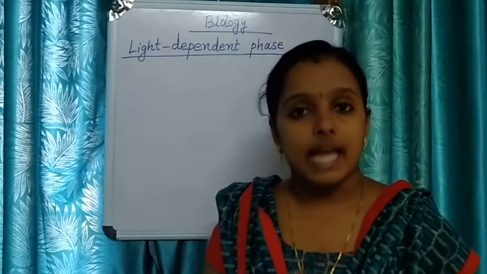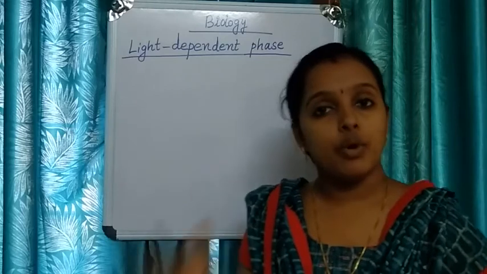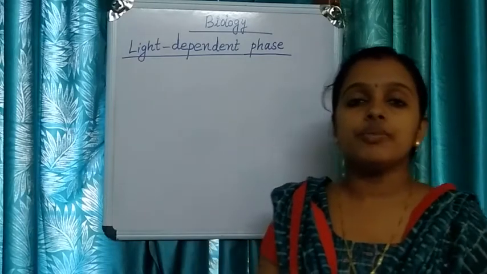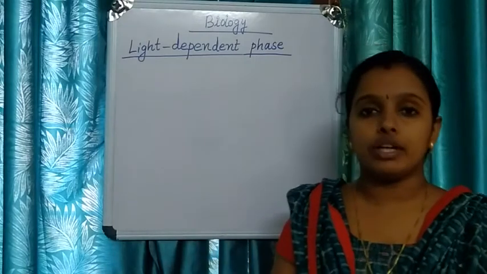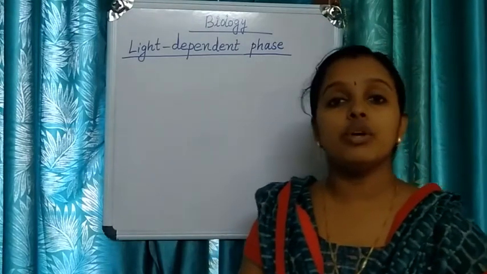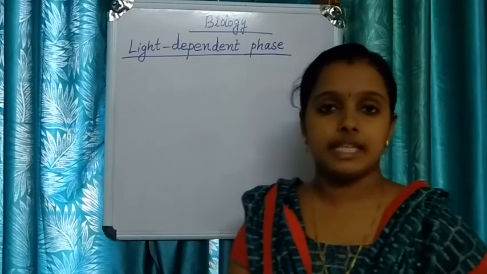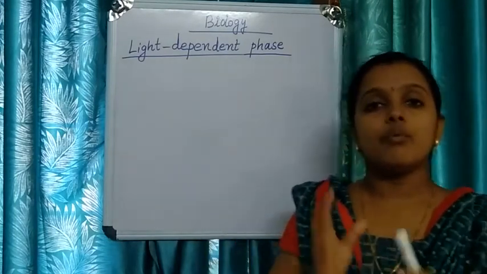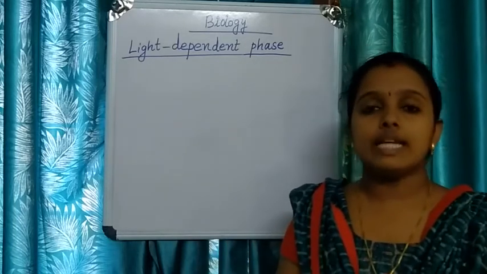By using this light energy, one of the raw materials, water, will split into different products. For the splitting of water, the term is photolysis. Photo means light, lysis means splitting. So by using light, water will split into a number of products. That is photolysis of water.